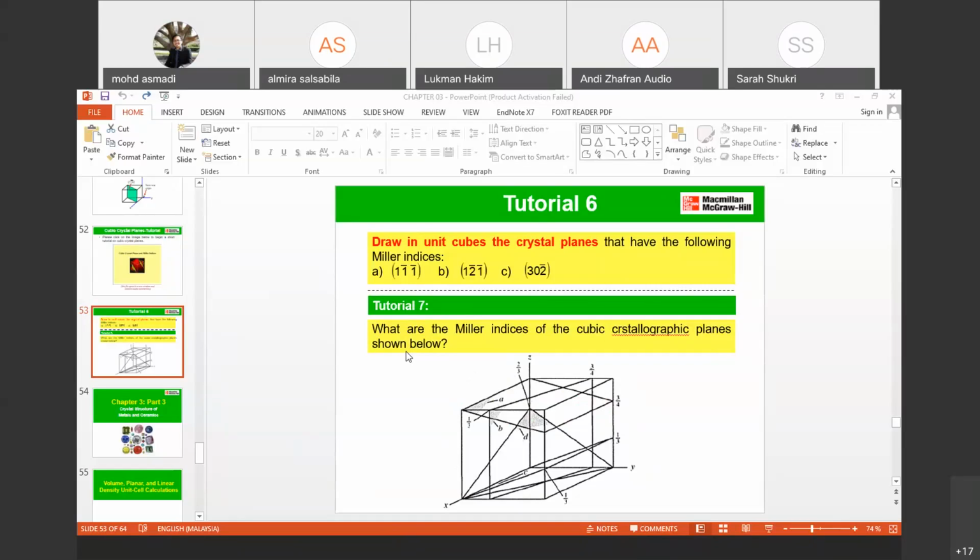Lupa pula. It's quite tricky. X B. Negative 1.